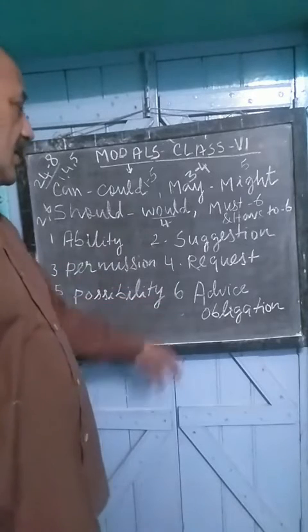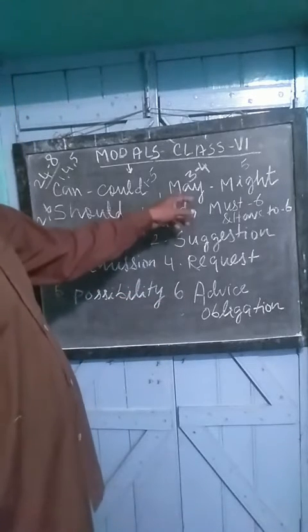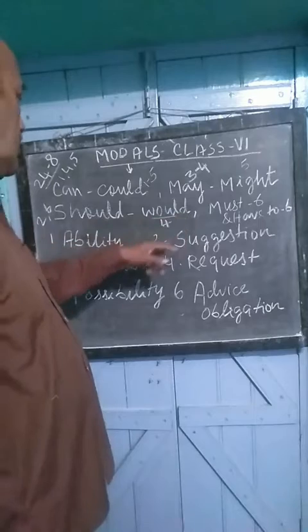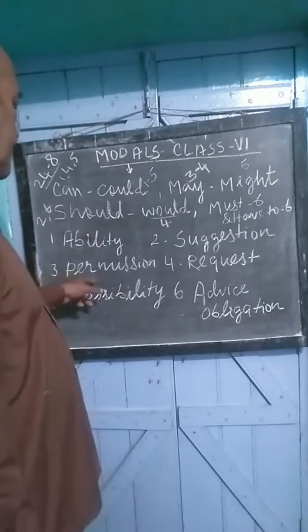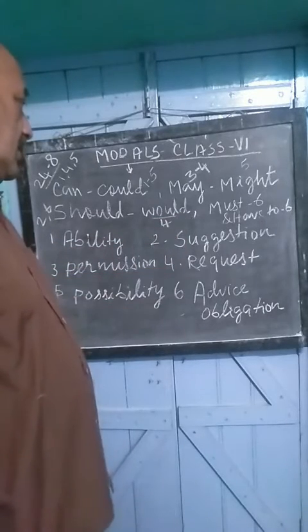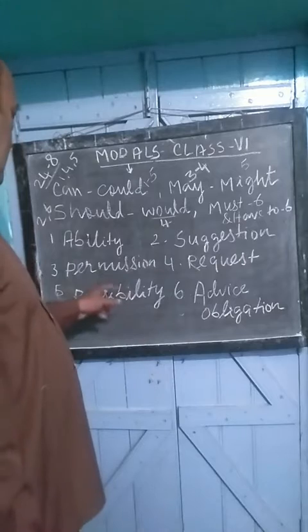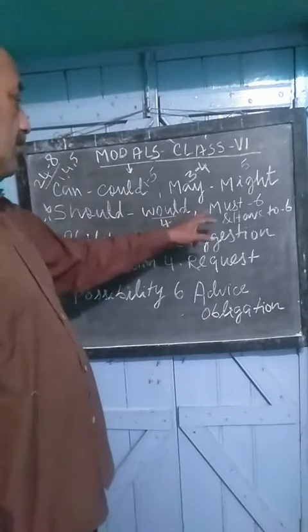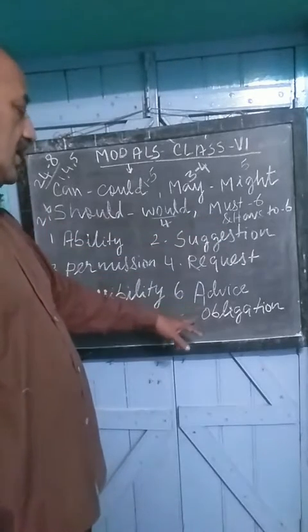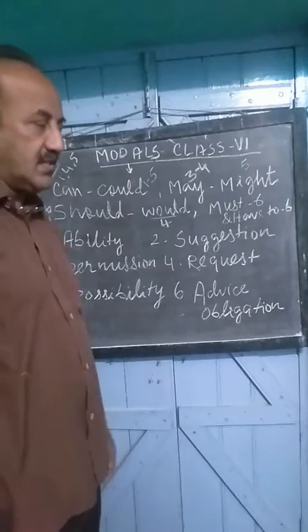Could is not used in advice. And may is used in 3rd and 4th, permission and request. Might is used only in possibility. Must and have to are used only in obligation or advice.